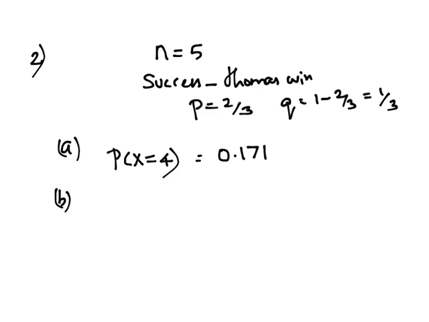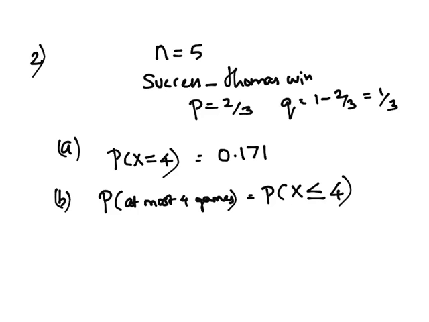Now the next one is, what is the probability that he will win at most 4 games? So P of at most 4 games, that means P of x less than or equal to 4. Again, how will you find it, student? X less than or equal to 4 means P of x equal to 0 plus P of x equal to 1 plus P of x equal to 2 plus P of x equal to 3 plus P of x equal to 4.